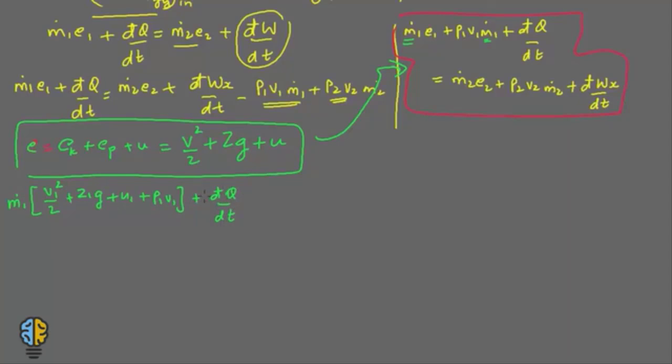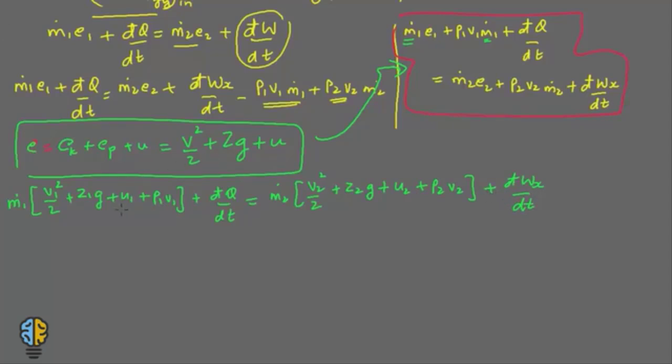So this is the total energy at the inlet. Alright, now let's equate it. Then you would have M2 dot into V2 square by 2 plus Z2G plus U2 plus P2V2 and plus dWx by dt, that is the rate of shaft work out of the system.